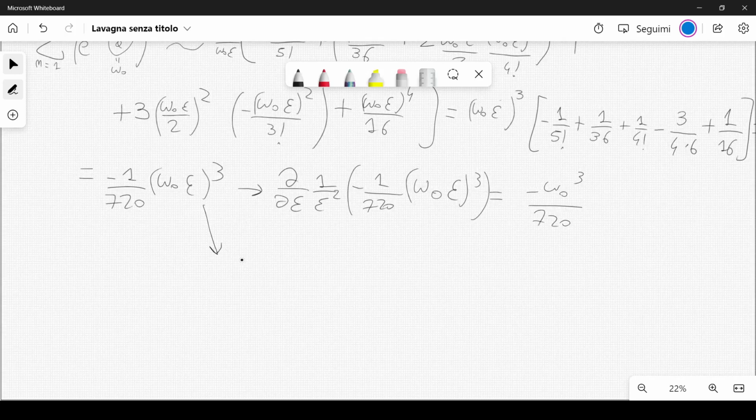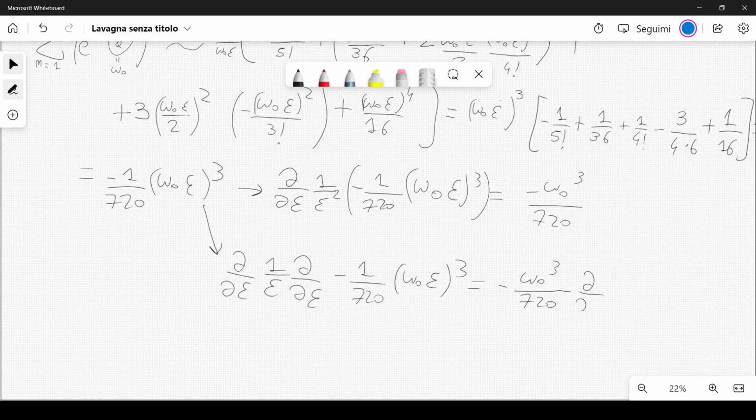And then you also have to take the derivative with respect to epsilon of 1 over epsilon, and then you have another derivative with respect to epsilon of minus 1 over 720 omega 0 epsilon cubed, and this is just minus omega 0 cubed divided by 720.